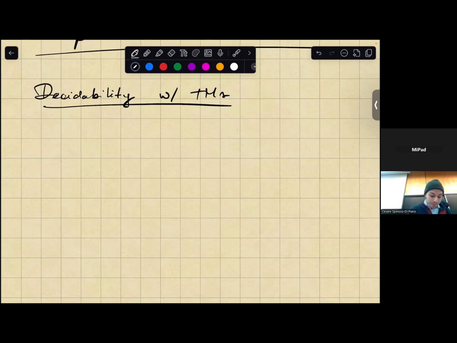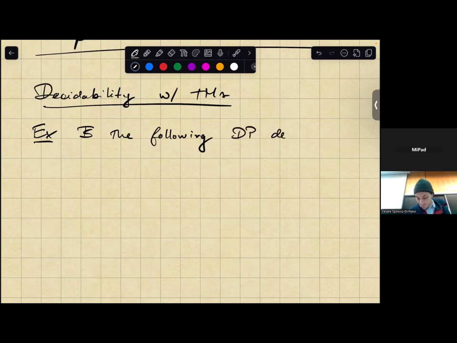Okay, so we're going to start off by looking at an exercise that asks us to determine whether a decision problem is decidable or not. That's what the question of this exercise is. So is the following decision problem decidable?